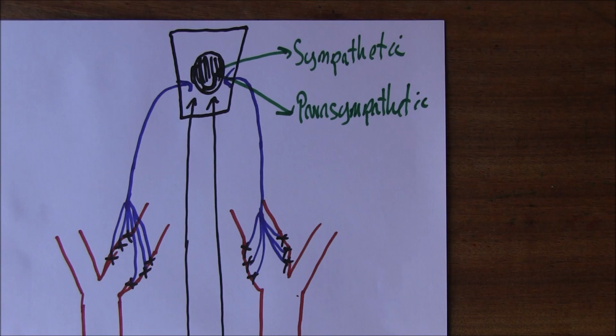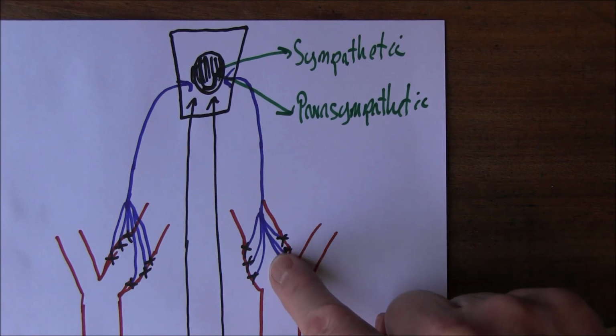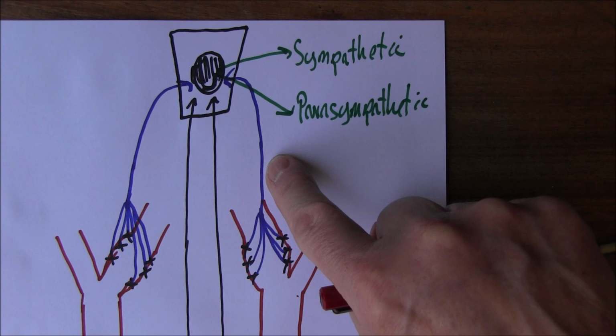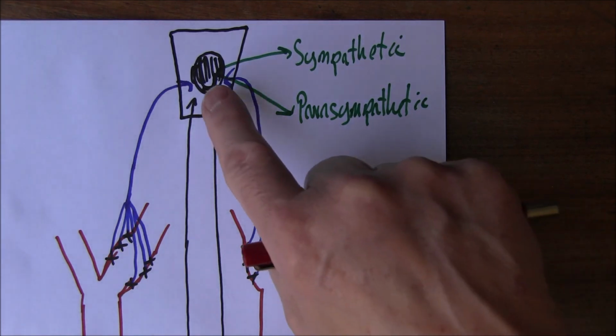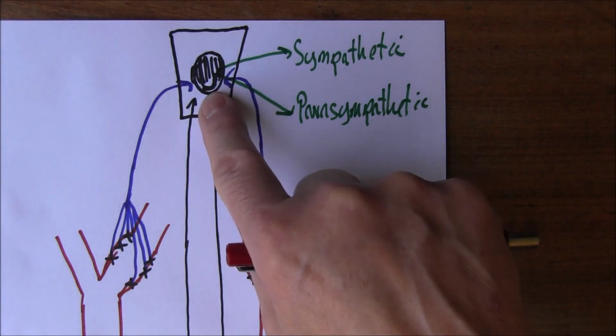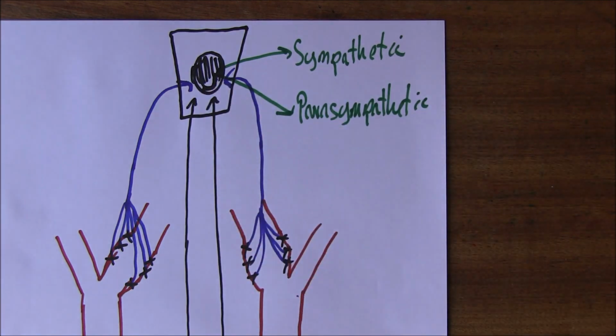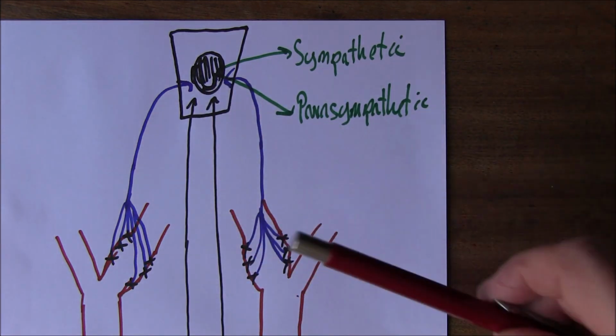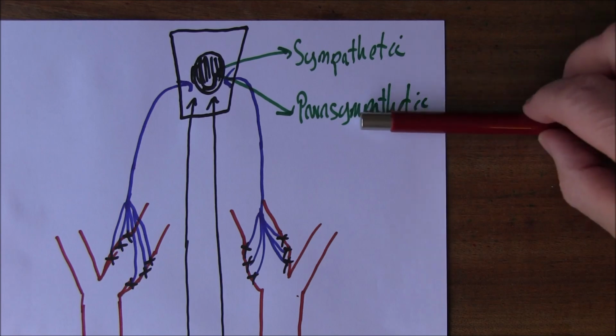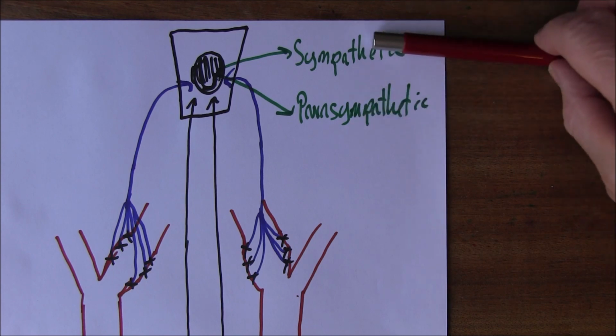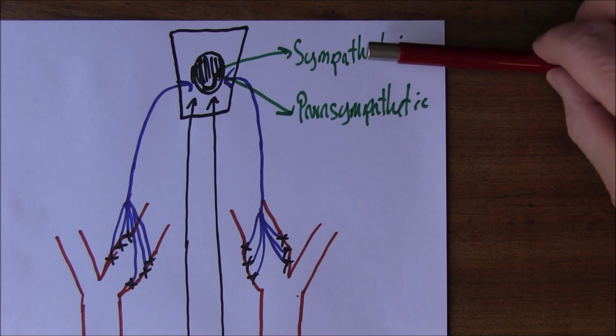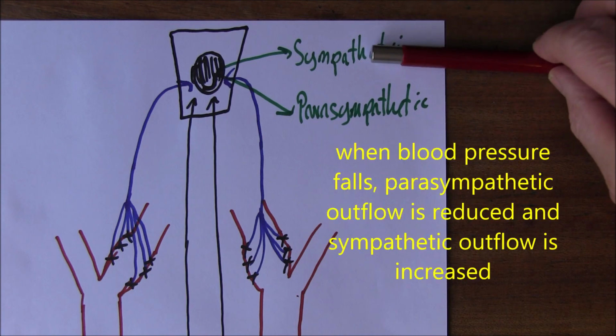So if blood pressure falls, there's going to be reduced stretching and a reduced rate of baroreceptor firing. The cardiovascular centre therefore knows that blood pressure has been reduced, and it will respond by reducing parasympathetic activity via the vagus nerve, and sympathetic activity will be increased via the cardiac accelerator nerves.